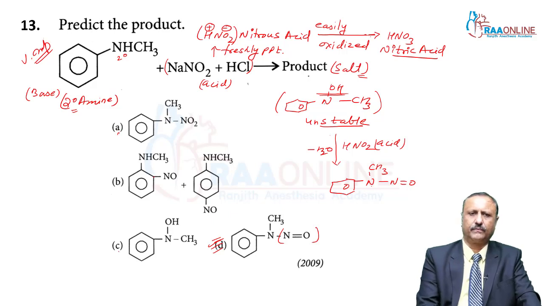Here, if you take RNH with R dash and react it directly with HNO2, the hydrogen atom is replaced directly with the formation of a water molecule, and R-N(NO)-R dash is formed.